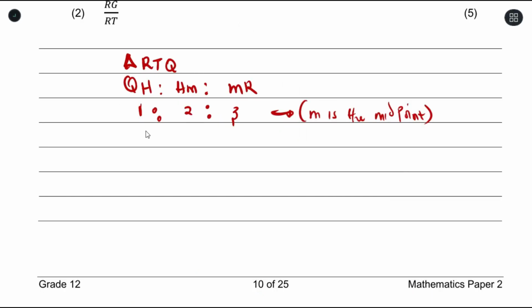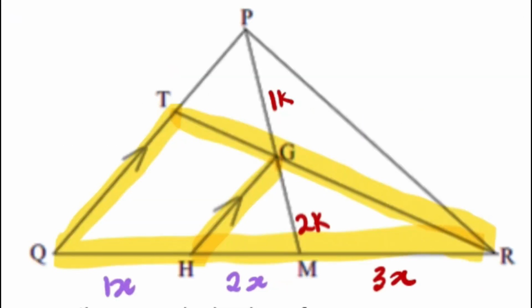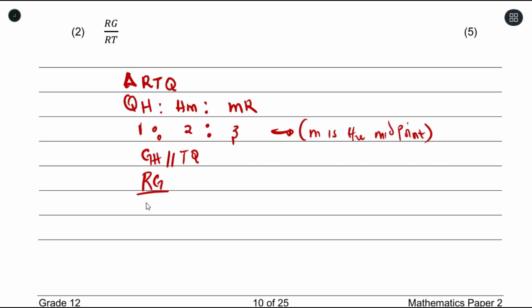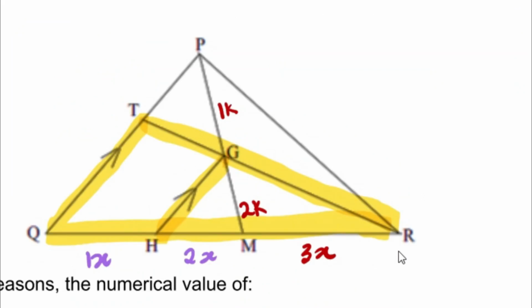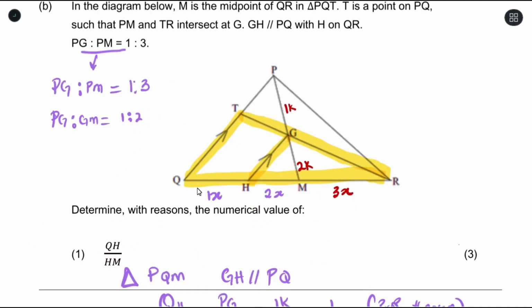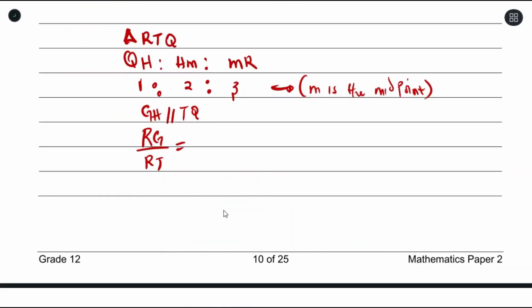Yeah, since we know that GH is parallel to TQ, RG over RT would be equals to the entire length on this side, RH over RQ. So this here will be RH over RQ.